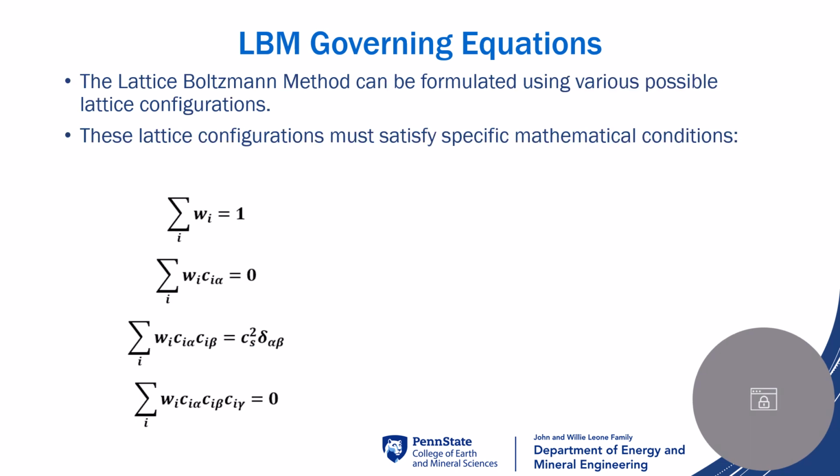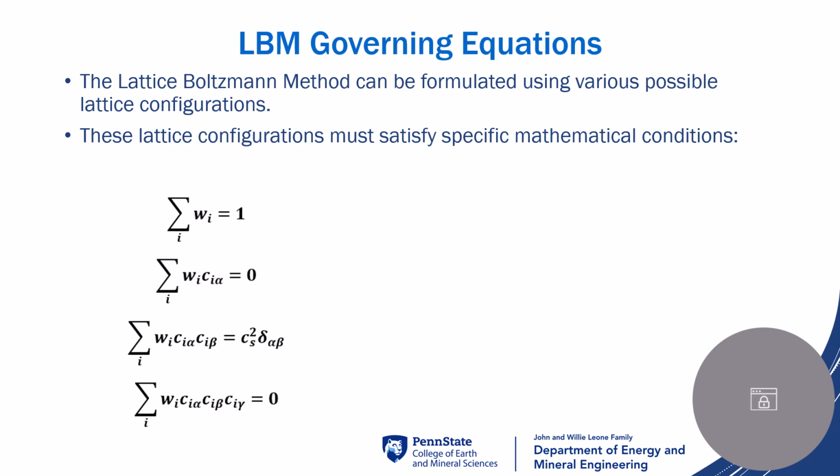As we mentioned before, the Lattice-Boltzmann method can be built on many different lattice configurations, but not all of them are physically valid. To ensure that the method correctly reproduces the desired macroscopic fluid equations, the chosen lattice must satisfy a set of mathematical constraints.